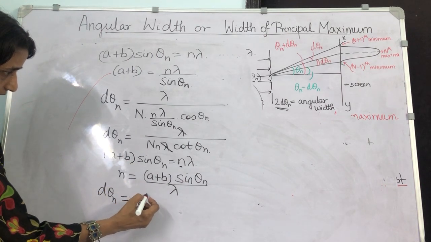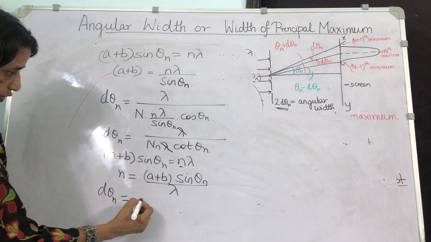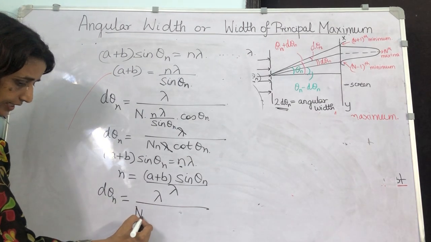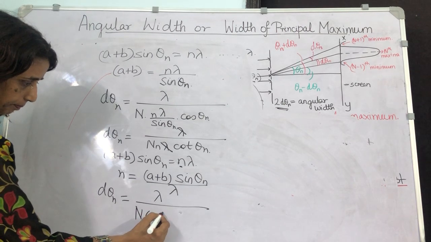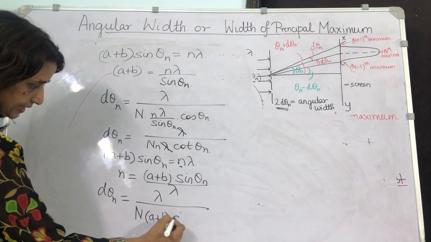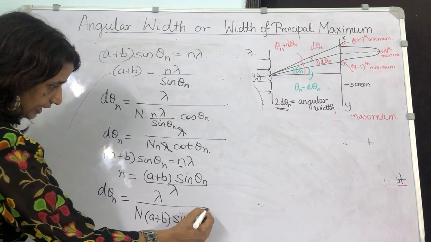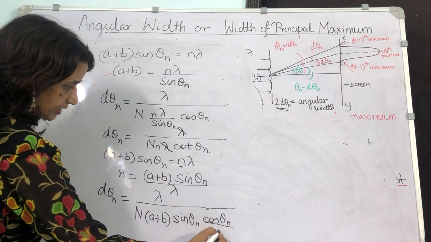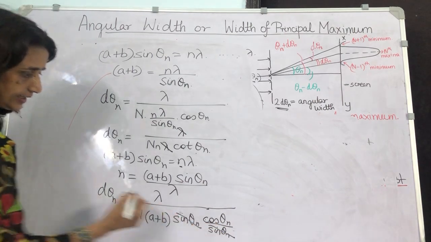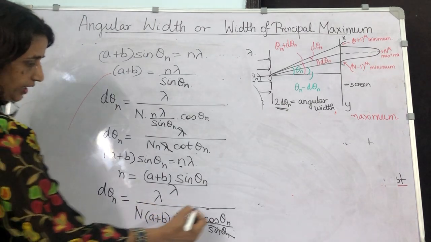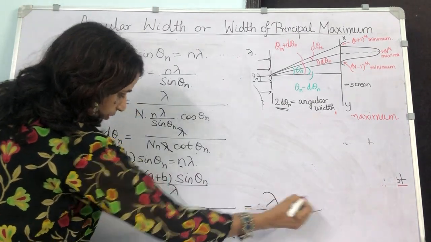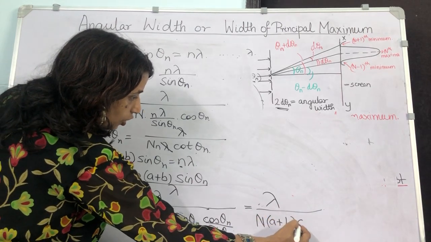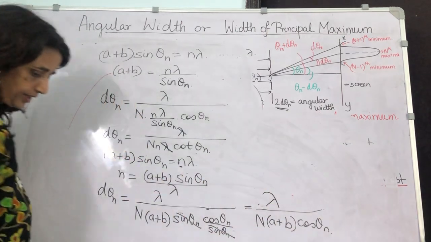We are left with λ / (N(a+b) sin θn) and cot, which you can write as cos θn / sin θn. This sin θn and this sin θn get cancelled and you are left with λ / (N(a+b) cos θn).